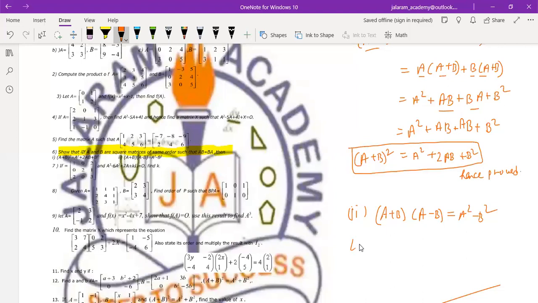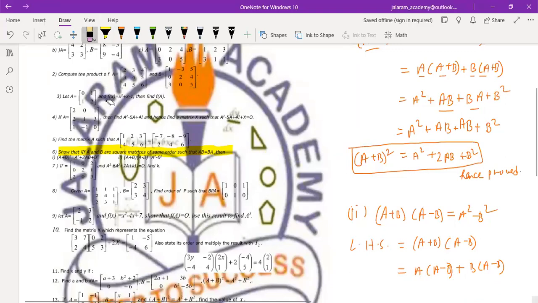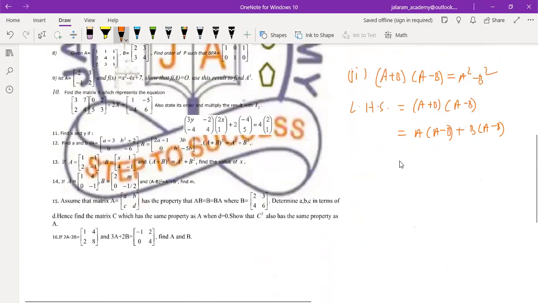So we again start with the LHS, which is (A plus B) into (A minus B). So A into (A minus B) plus B into (A minus B). Now use the distributive property: A square minus AB plus BA. We cannot change the order in matrices.